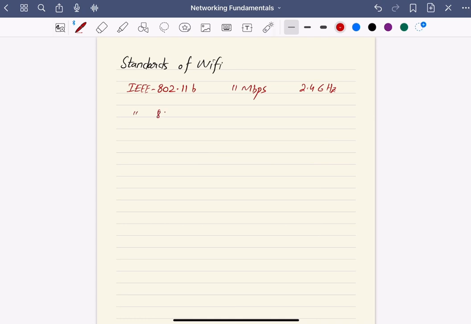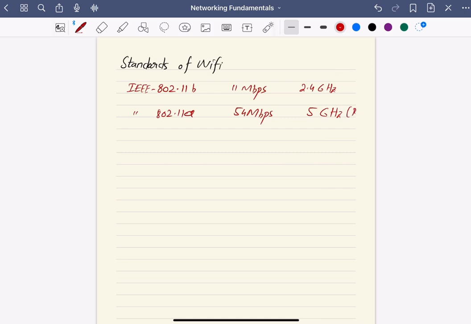Another standard is 802.11a, and you can get up to 54 Mbps data rate. Here the frequency is 5 gigahertz. So you can see with 5 gigahertz you're getting more capacity, more bandwidth.